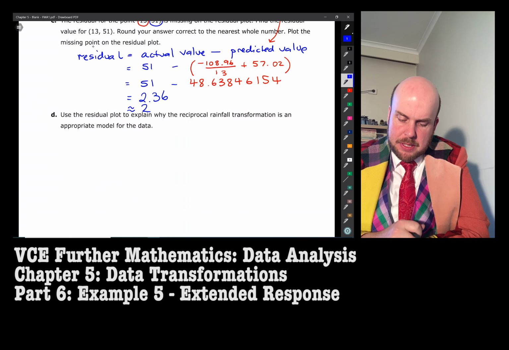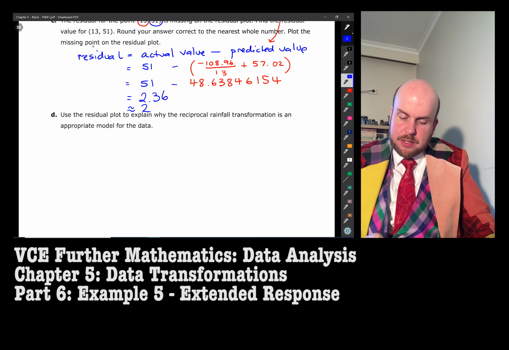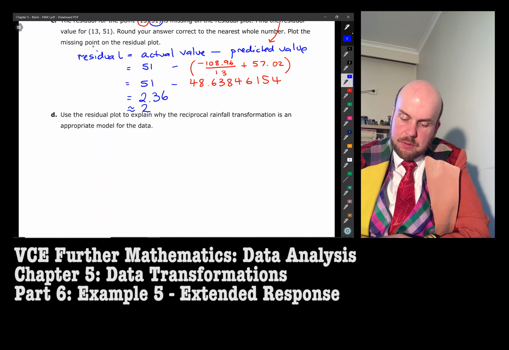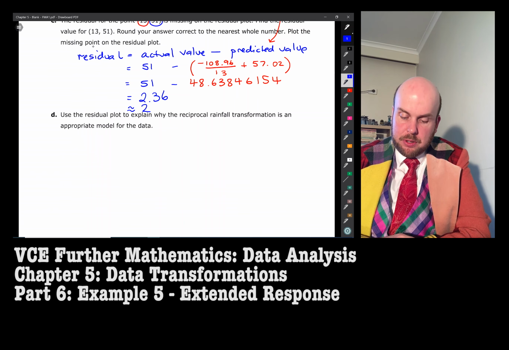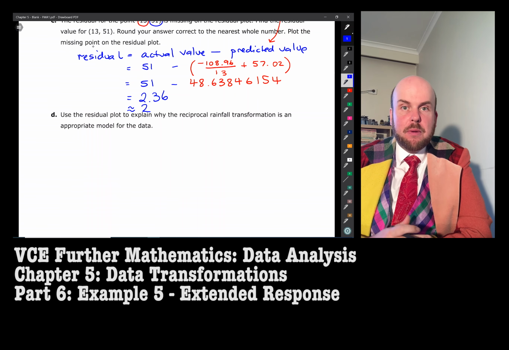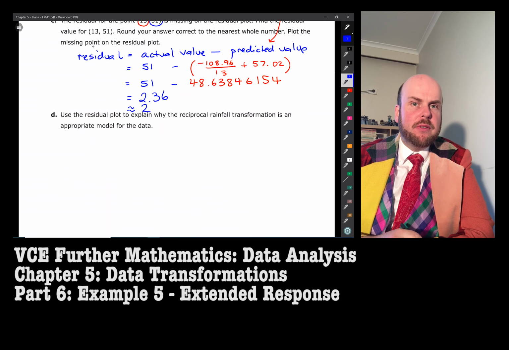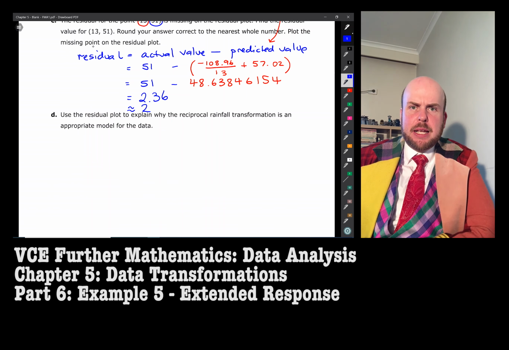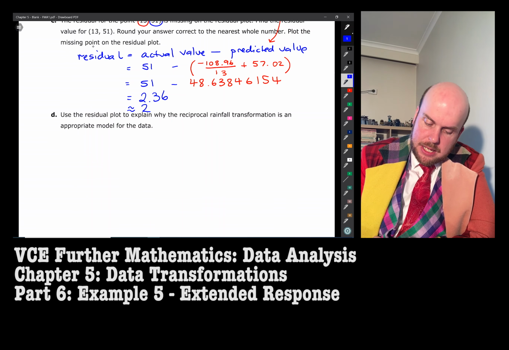So what's this last business say? Use the residual plot to explain why the reciprocal rainfall transformation is an appropriate model for the data. Well, this is where we get to use our wonderful ability to explain this using our templates.